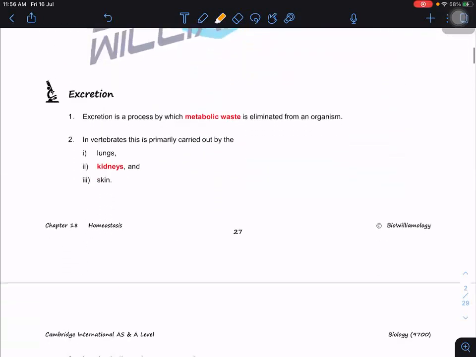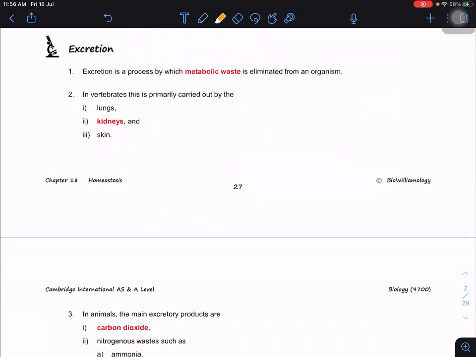Okay, so we start with the first process called excretion. Excretion is the process by which metabolic waste is eliminated from an organism. So it must be metabolic waste. It's not other waste, for example, when you eat and then you go to the toilet and have a bowel movement, that is not metabolic waste.